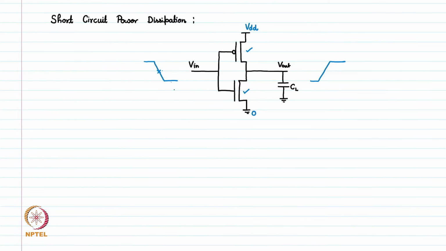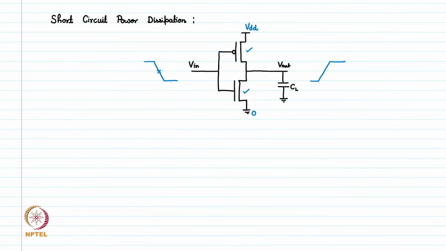If it is very low, then NMOS will be off. If it is very high, then PMOS will be off. But when input is in between, when this is not completely high or completely low, then this PMOS is also on and this NMOS is also on.